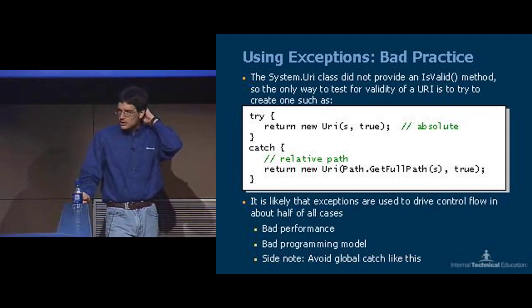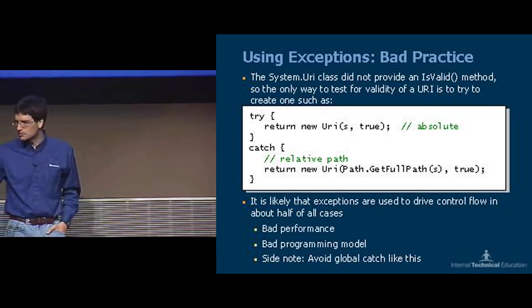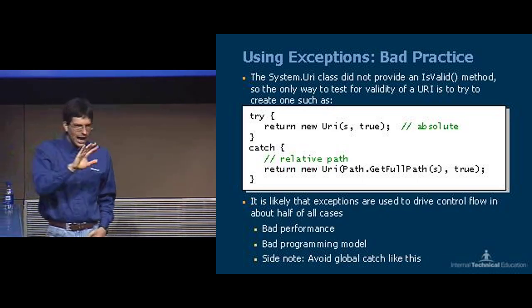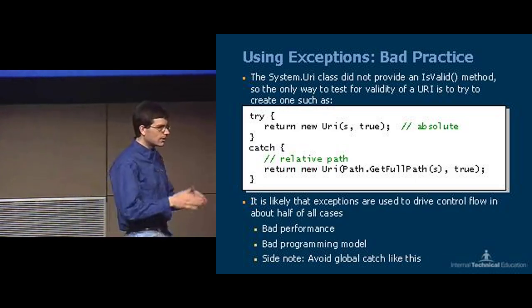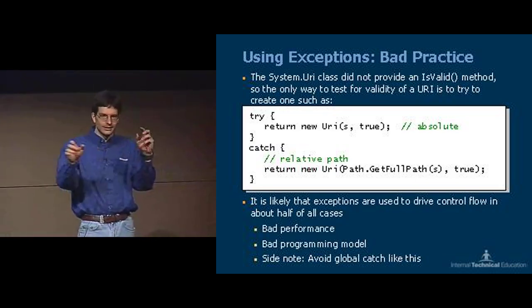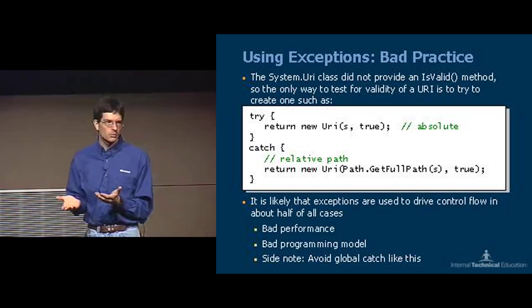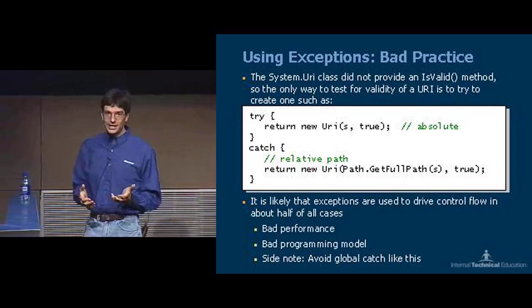Okay. So another one just to pick on a little bit is System.Uri. In V1, this class didn't have a way to check for is valid. So there's no way to say, given this string that I've typed in, like in IE or whatever, is that actually a well-formed URL or not? And it turns out that's a really common operation.